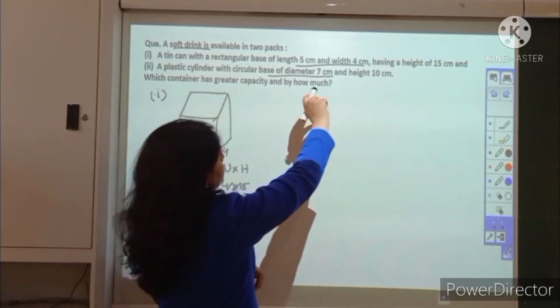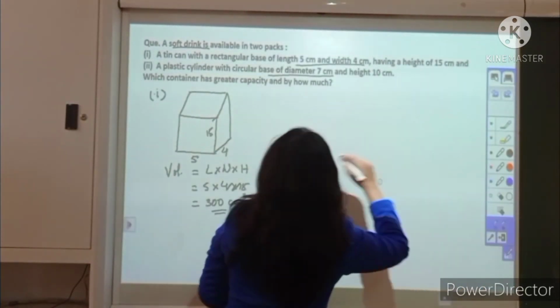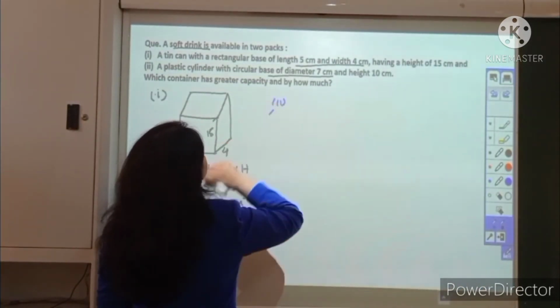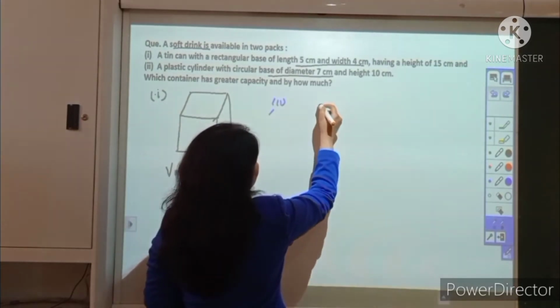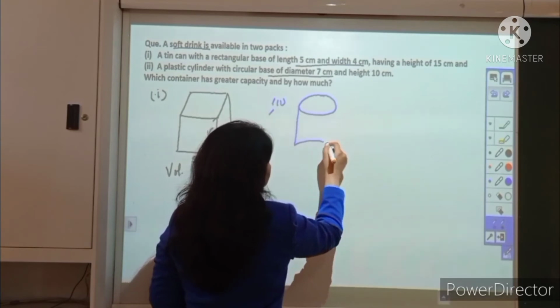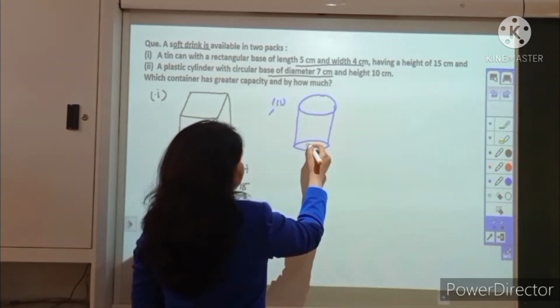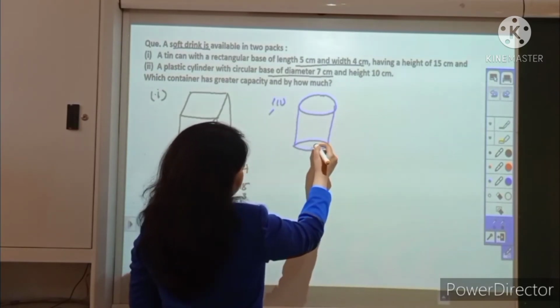Now let's find out the volume of the cylindrical can. It's in the shape of a cylinder whose diameter is 7 centimeter.